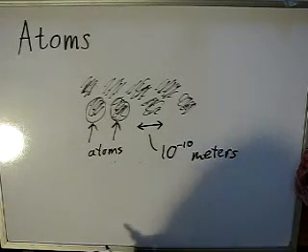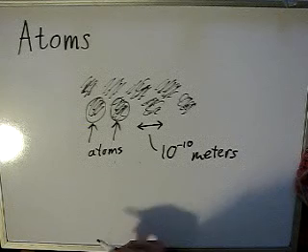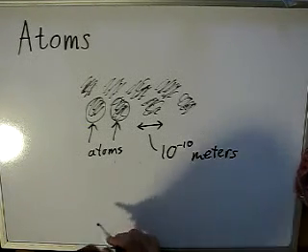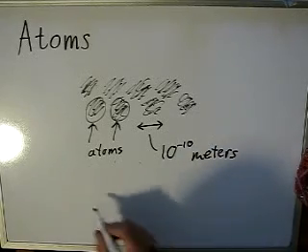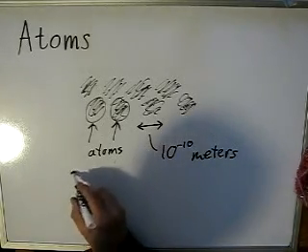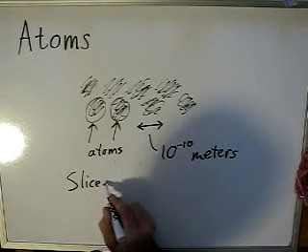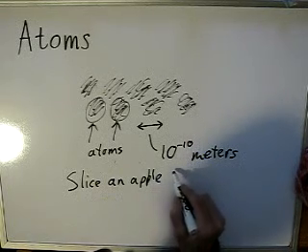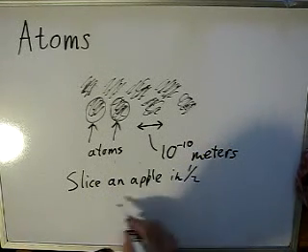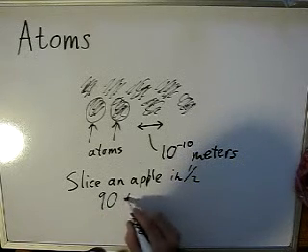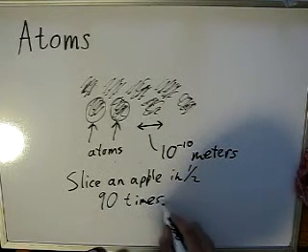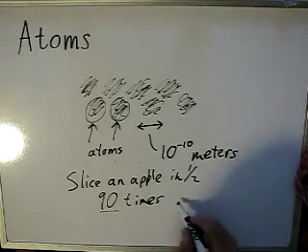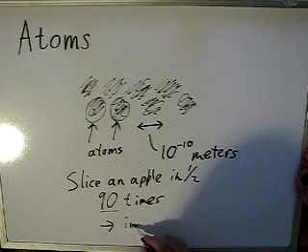If I took a normal sized object, like for example an apple, and I sliced it in half 90 times, I would have cut it into individual atoms.